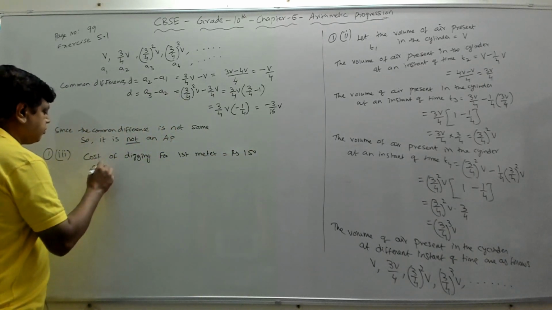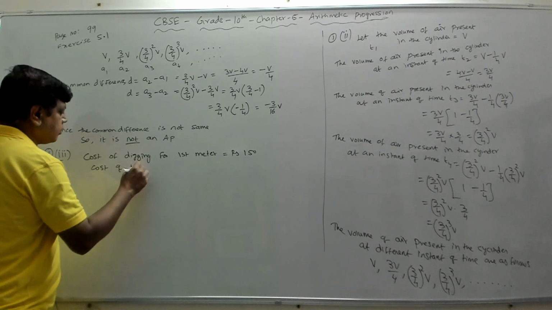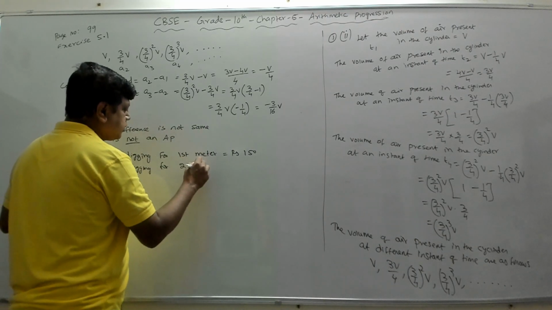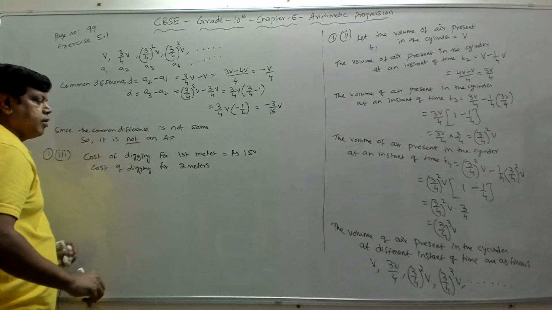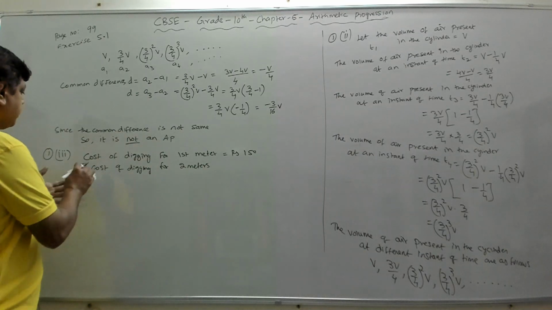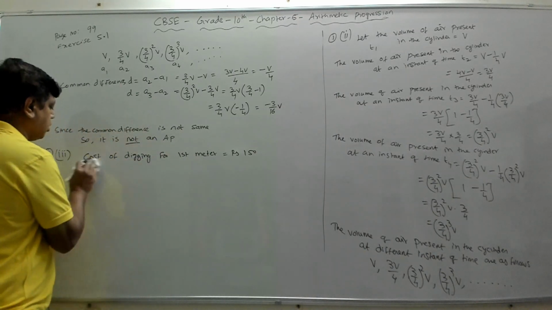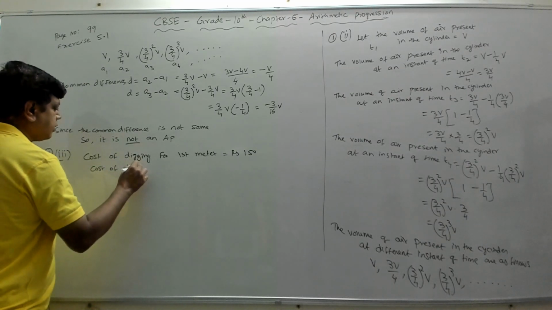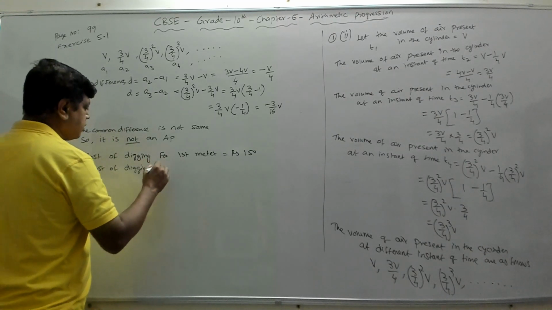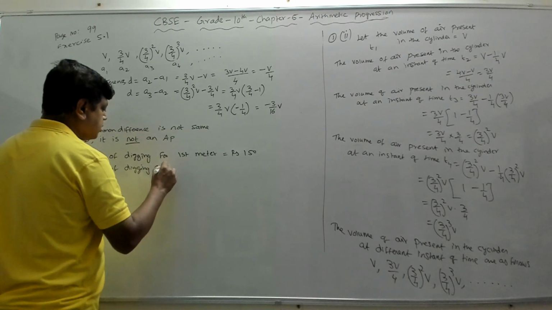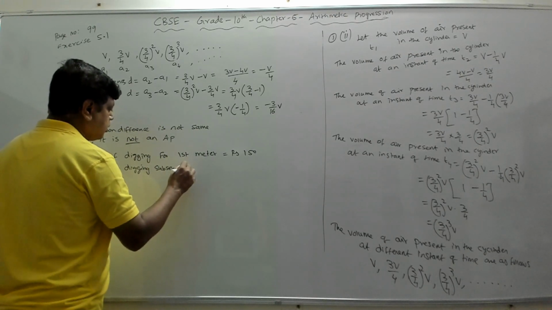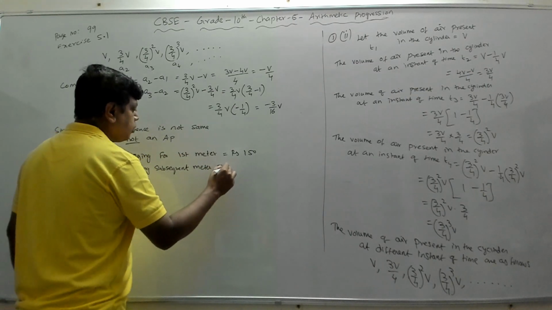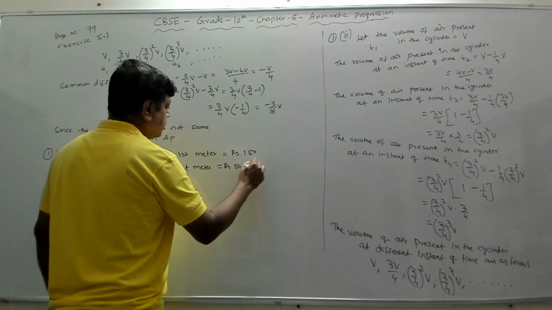Now cost of digging for 2 meters, right? Or I'll write the cost of digging subsequent meters is equal to rupees 50 per meter.